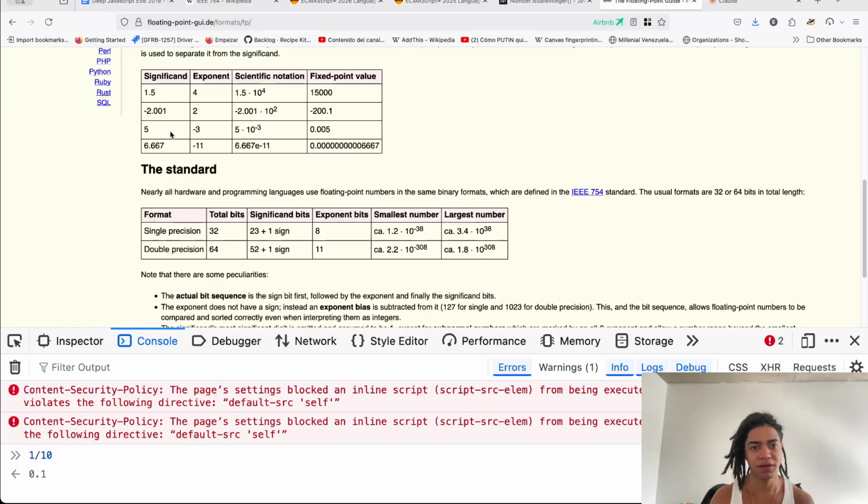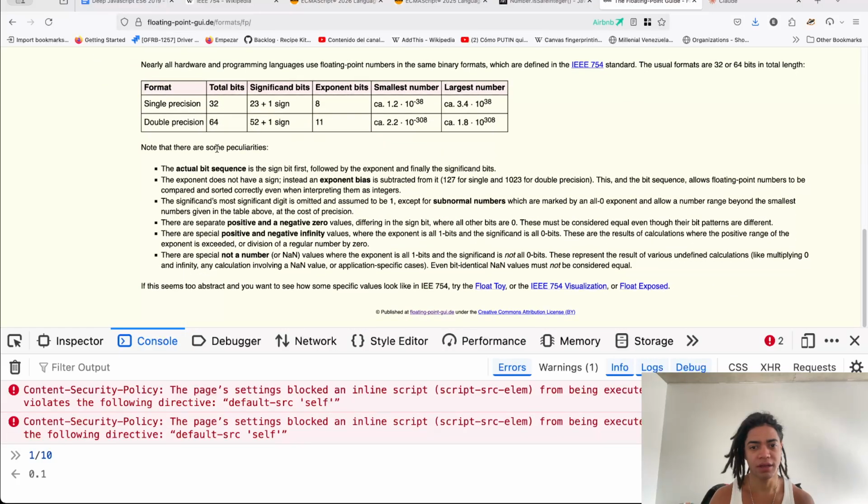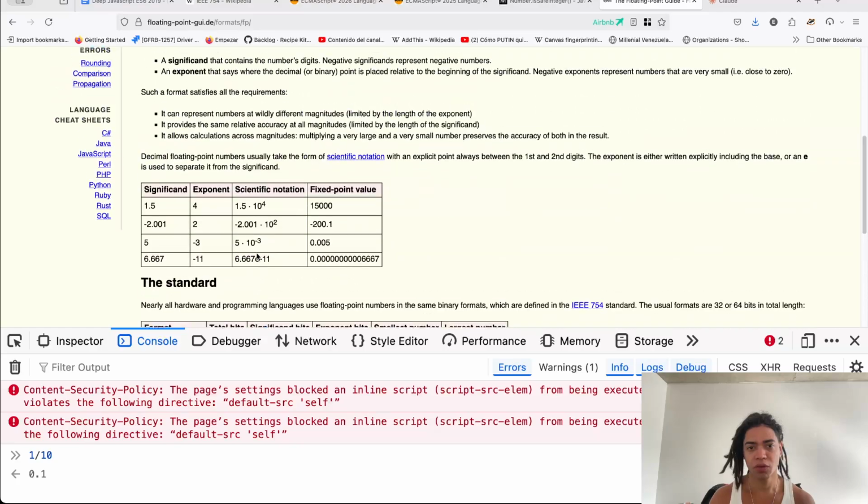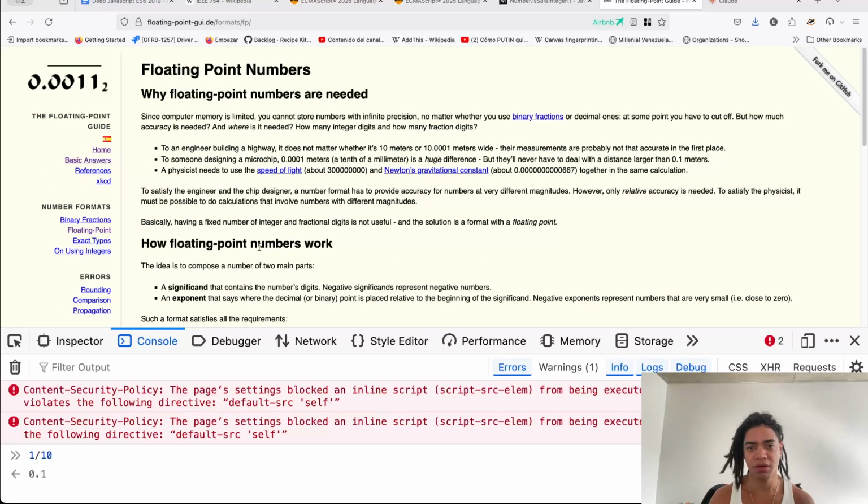Exponent and significand, and the standard here. There are separate positive and negative zeros, positive and negative infinity, and not a number.